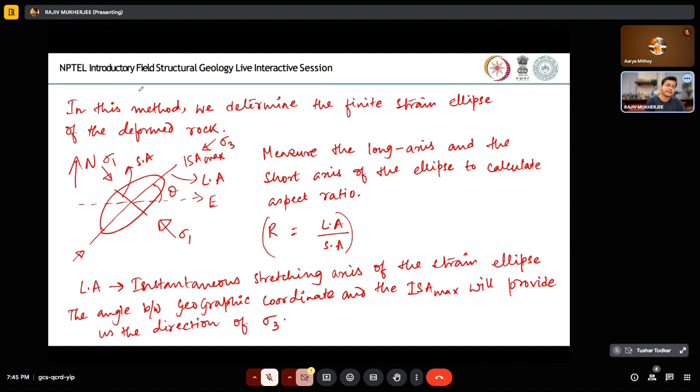If that competency contrast becomes low, then you would not be expecting to calculate or estimate the finite strain from this method. Then you have to rely on some other processes, that involve further intricate analysis of crystal plastic deformation in case of materials which are undergoing metamorphism, say for example mica schist, right?